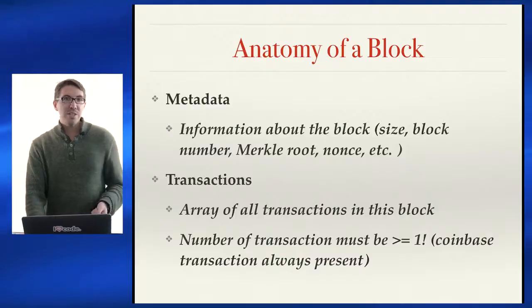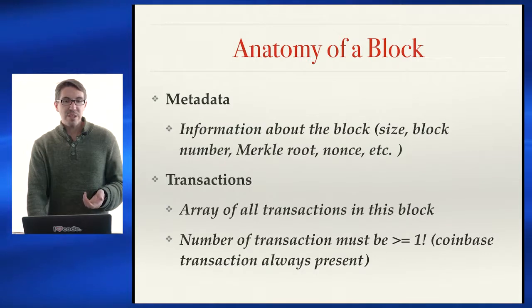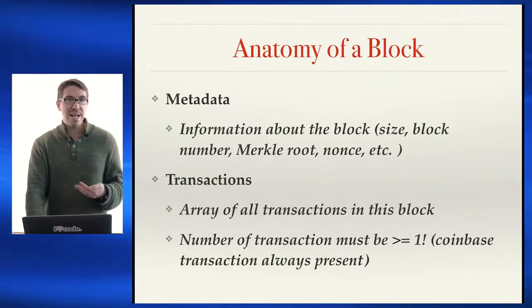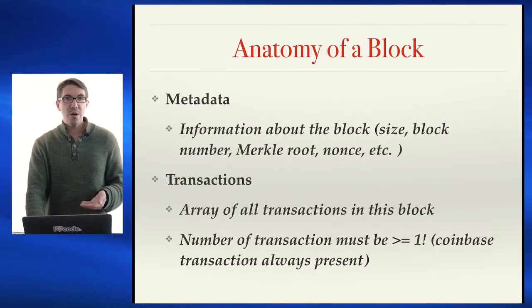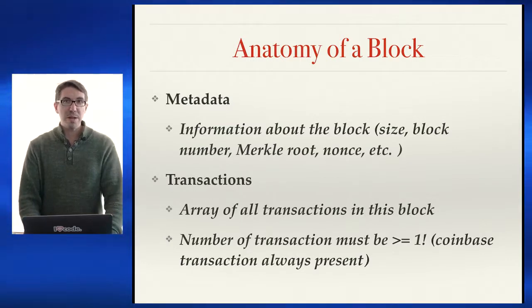The transactions section then has an entire array of all of the other transactions. They could be zero. A miner could choose not to add any transactions into this block, but you will very rarely see this because miners can also obtain transaction fees by including transactions in the block.